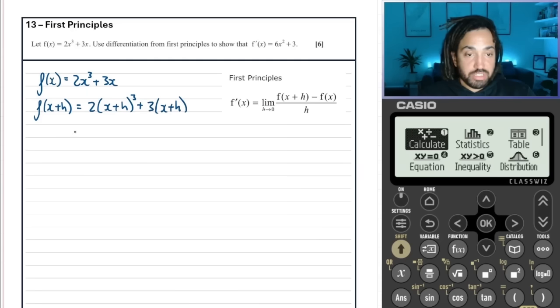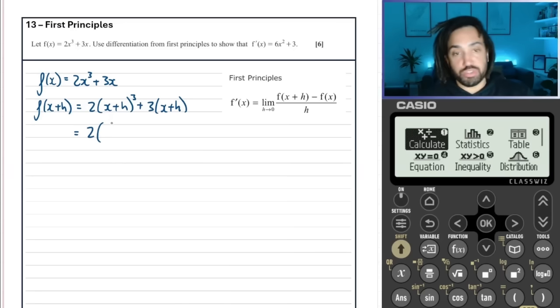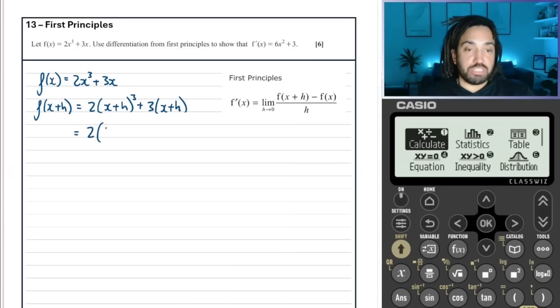Okay, so it's a good idea just to expand that out now. What I'm going to do is use the binomial expansion rather than doing a triple bracket. So the binomial expansion for a 3-term expansion has the coefficients 1, 3, 3, 1 as per Pascal's triangle.